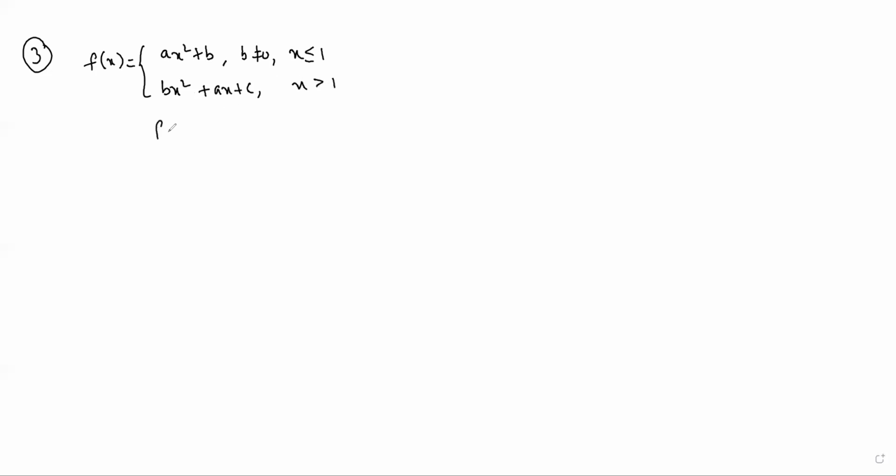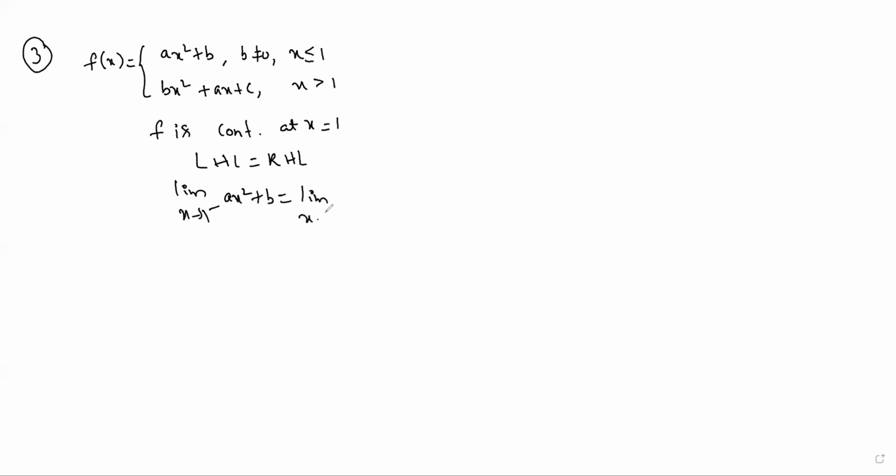F is continuous first. F is continuous at x equal to 1 and also differentiable. That's why we'll take LHL equal to RHL. LHL, that means limit x tends to 1 minus. 1 minus means what? At x less than 1, what is the function present? a x square plus b.